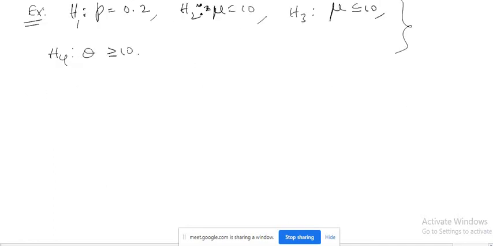Now next, in hypothesis we have two categories. One is null hypothesis.